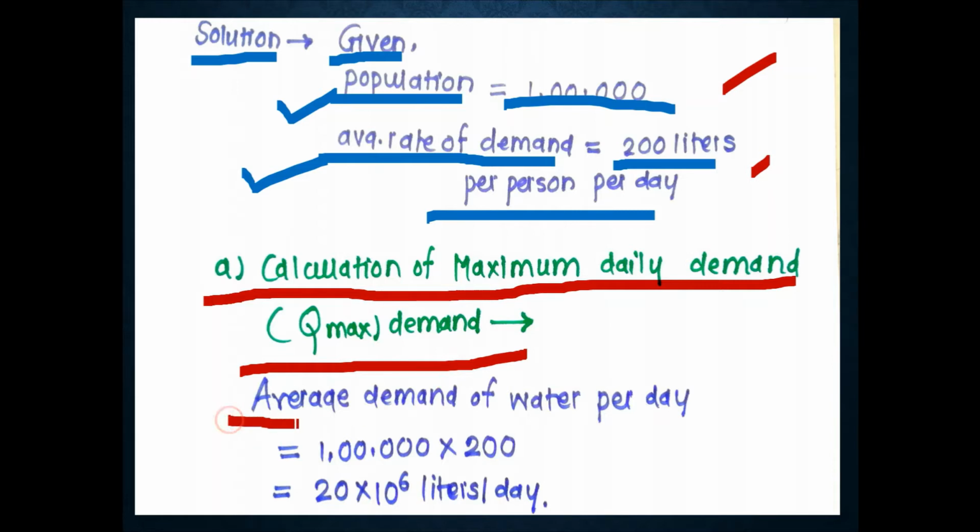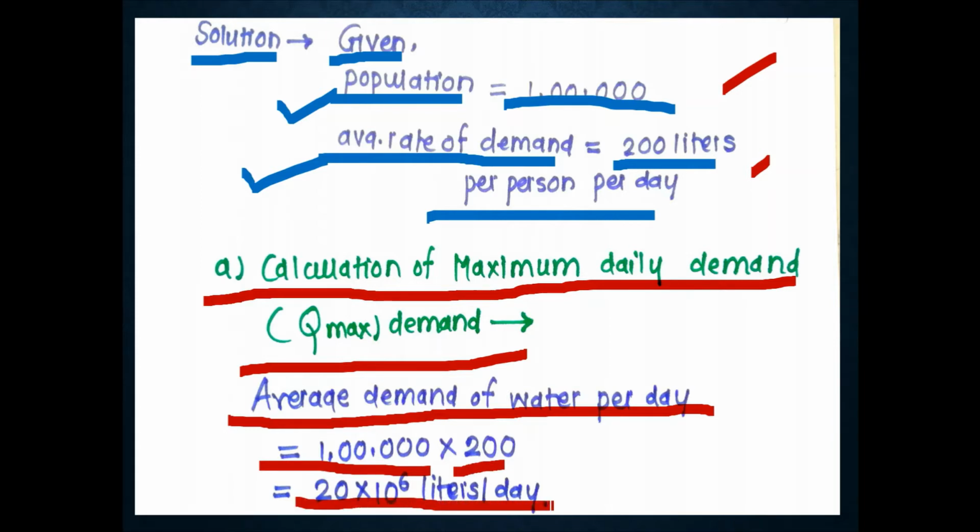The average demand of water per day for a population of 1 lakh is 1 lakh multiplied by per person demand. You will get the value as 20 into 10 raised to 6 liters per day, or 20 MLD.